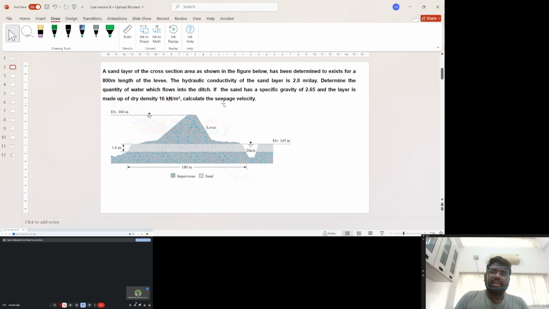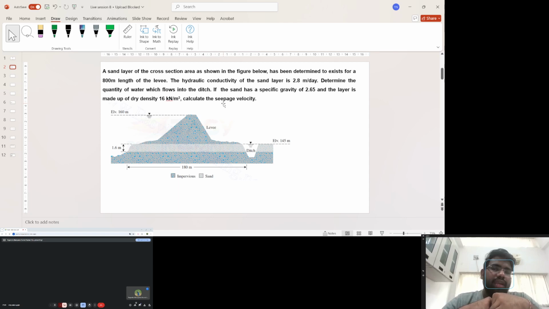The sand layer of cross-section area as shown in the figure below has been determined to exist for a length of 800 meters of the levee. Levee is nothing but the embankment that is constructed in order to retain the water that is of relatively lesser heights, unlike dams or reservoirs.